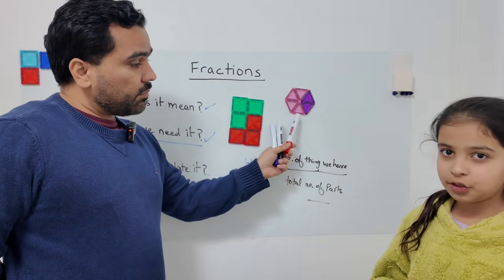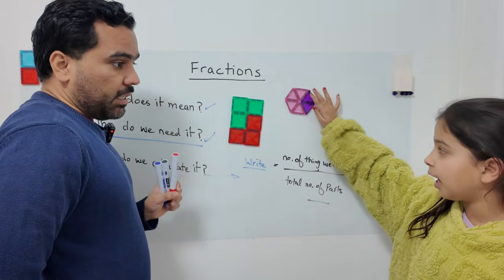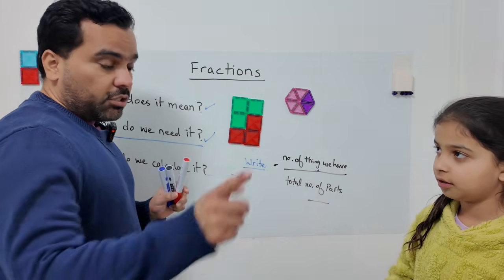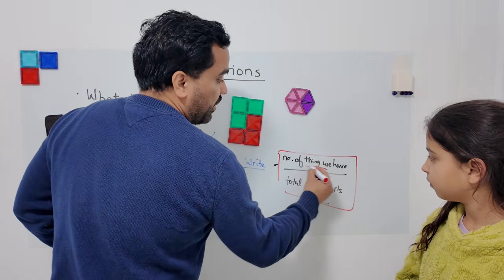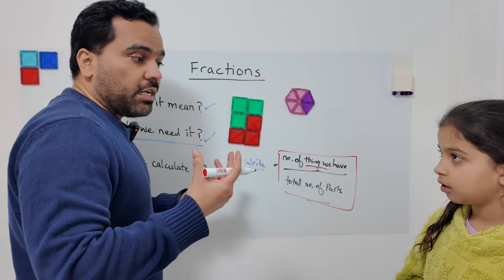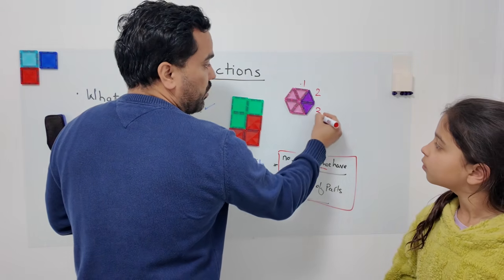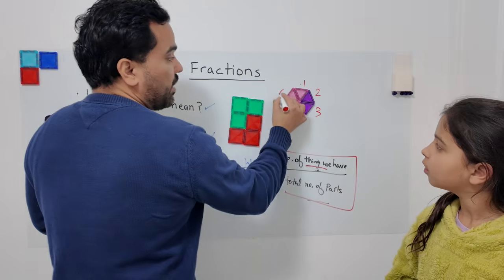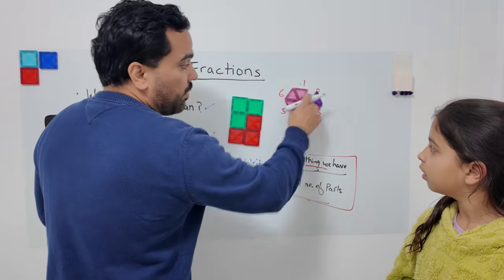Well, there are 6 parts in total. 2 of them are purple and 4 of them are pink. So in this case, the number of things which are shaded is what we are talking about. Out of these 1, 2, 3, 4, 5, 6 parts, 2 of them are shaded.